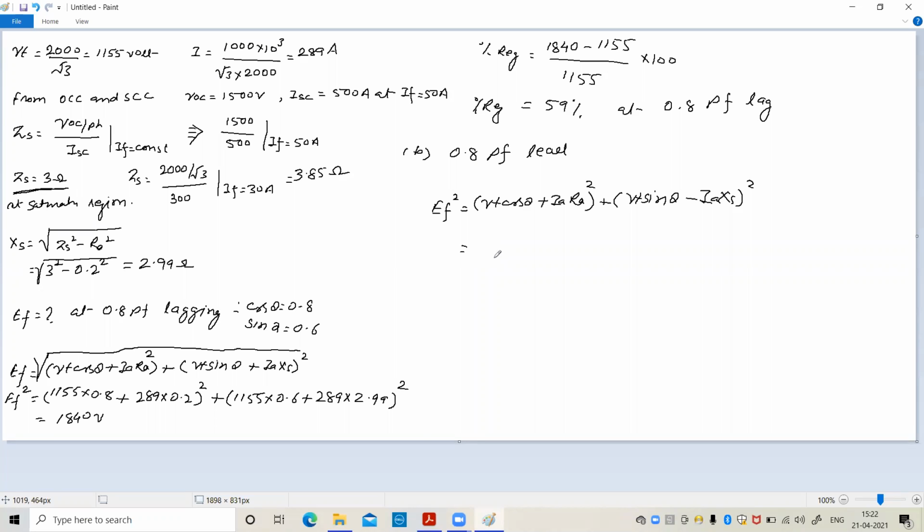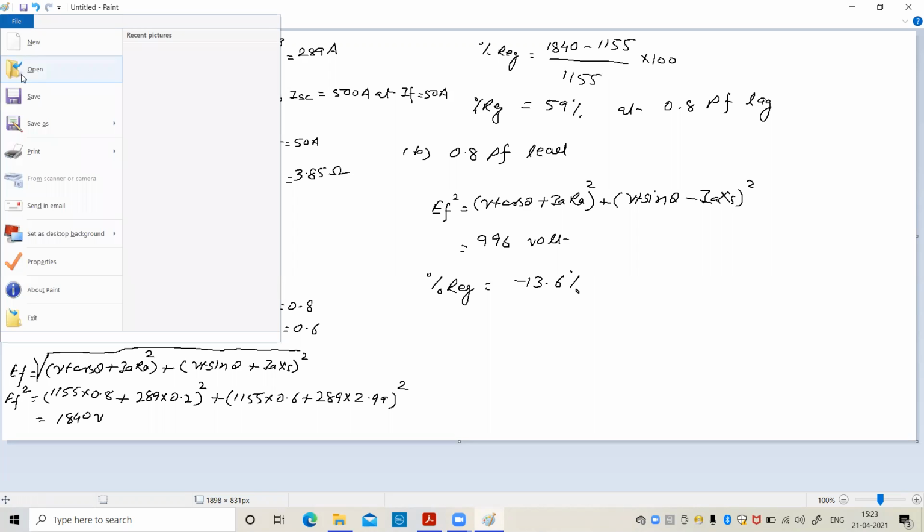If you put these values, we found the voltage is 996 volt, and hence percentage regulation is equal to minus 13.6%. So this is the percentage regulation at 0.8 power factor lead. Now we will calculate the same from the same data by the MMF method.